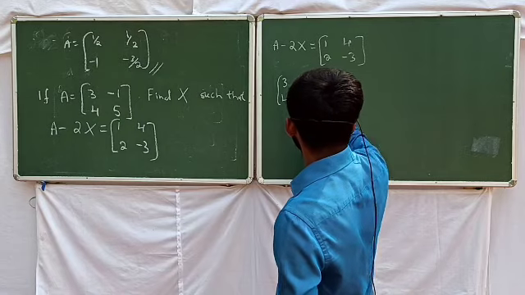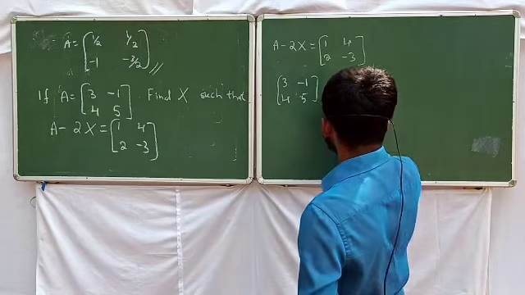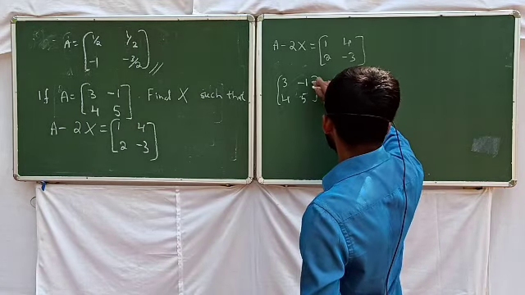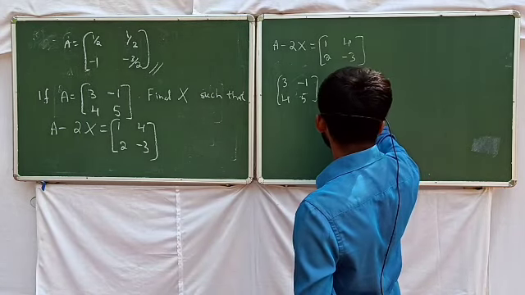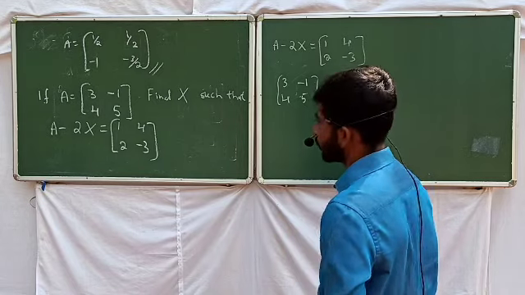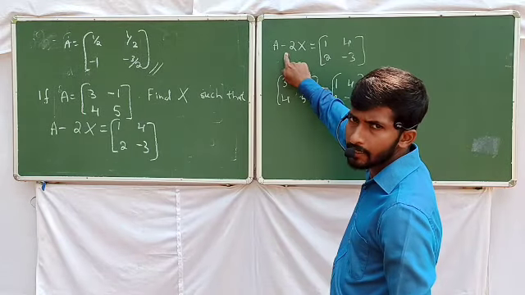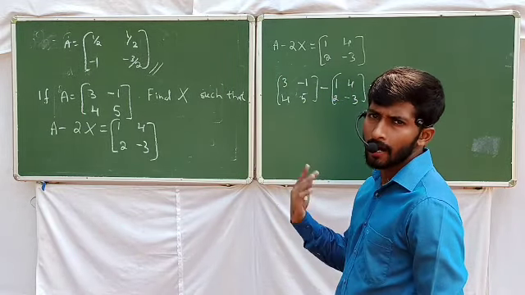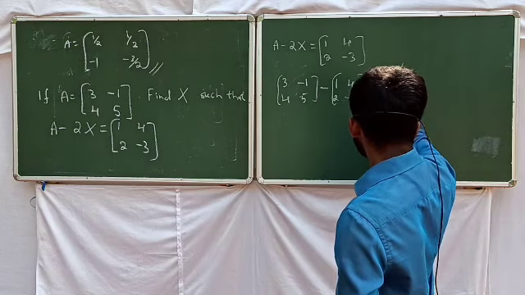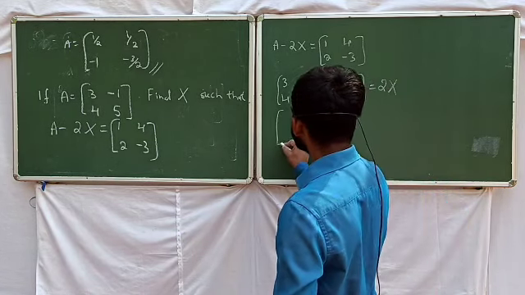I'm shifting RHS matrix to LHS, so plus B becomes minus B, 1, 4, 2, minus 3 is equal to minus 2x is there, shifting minus 2x to RHS, that becomes plus 2x. Okay, now simplify this one.